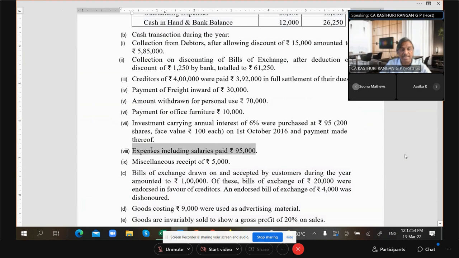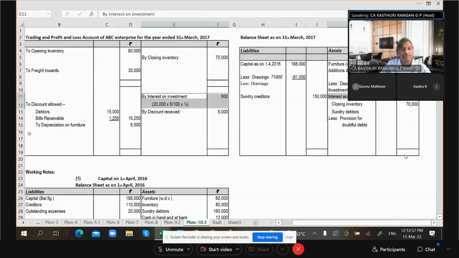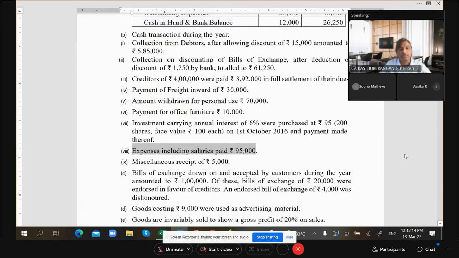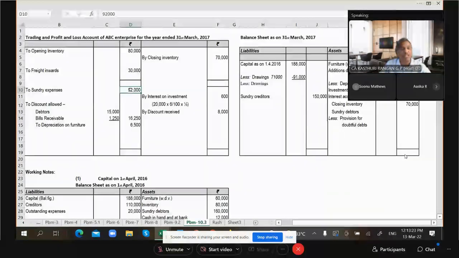Expense including salary paid is 95,000. So salary expense, how much? Including salary, expenses 95,000. Here it is 92. It should be 95 only. Correct?